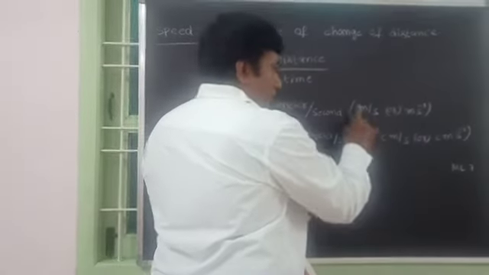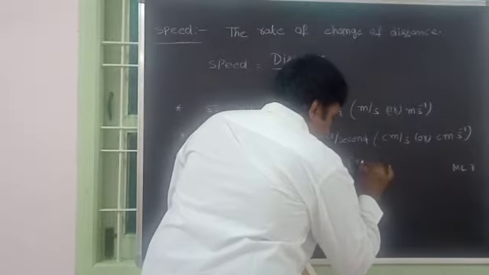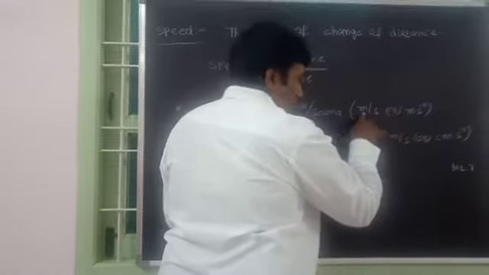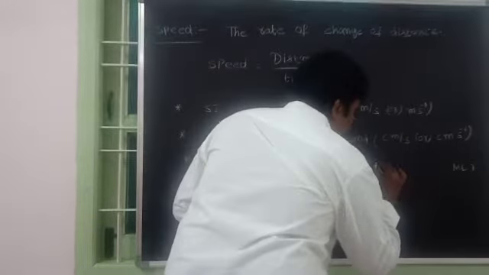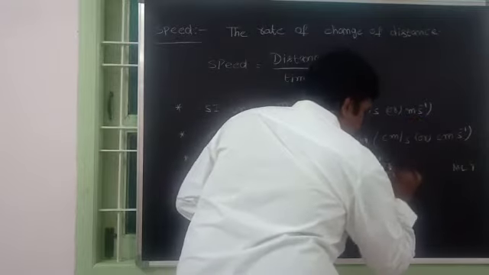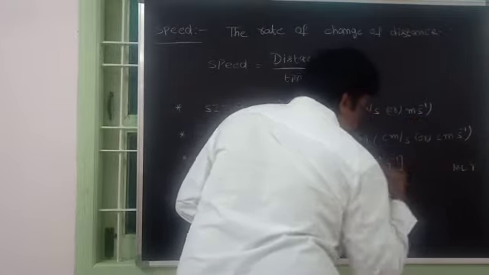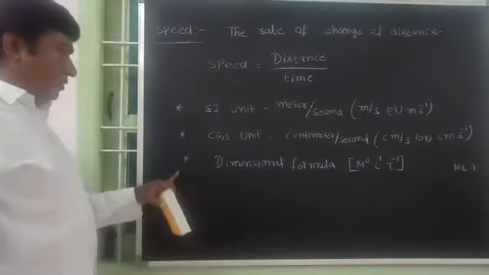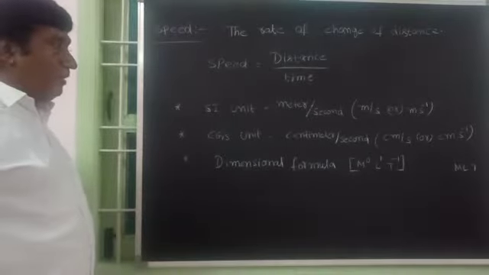Here mass is M to the power 0, meters is length, so L to the power 1, and second is time, so T to the power -1. So this is the dimension formula.